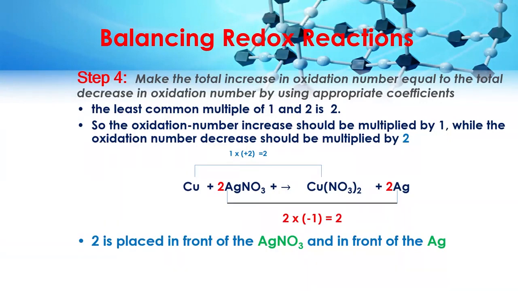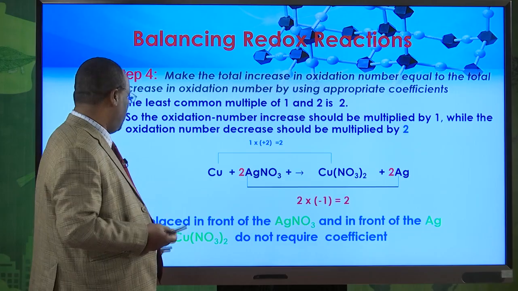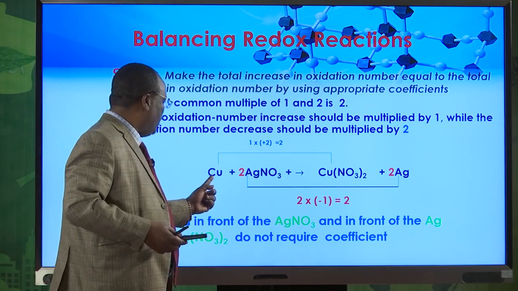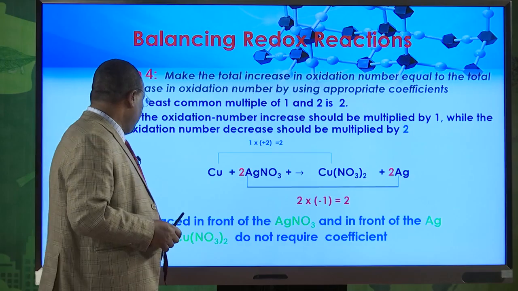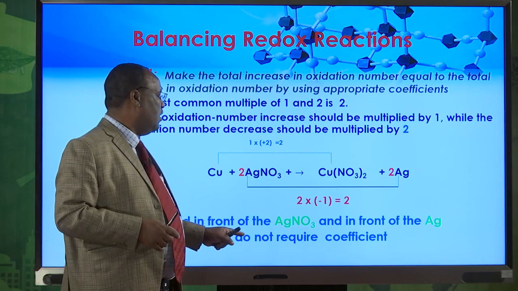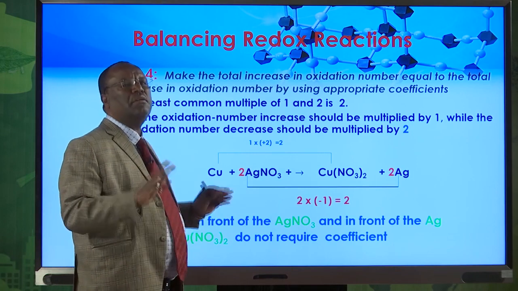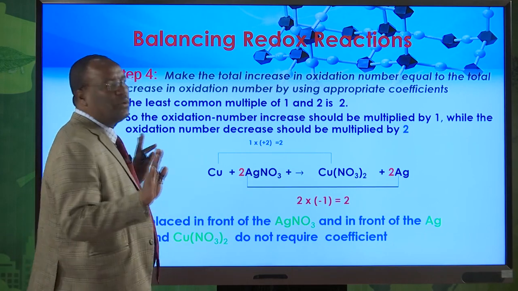The same is true on the other side of the equation, because this balances the total number of atoms of silver on the reactant side and on the product side. Let us check the copper. Here you have 1 atom of copper and 1 atom of copper on the other side. Copper and copper nitrate do not require a coefficient because it's already balanced. Now the equation is balanced.